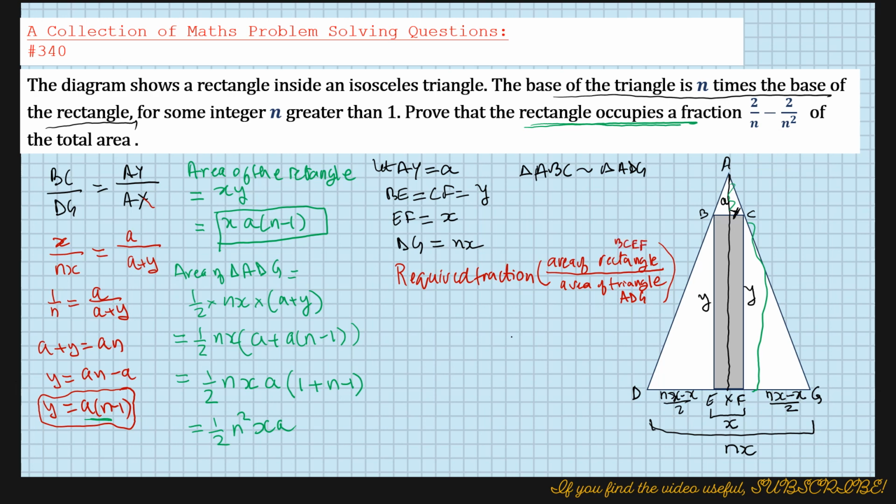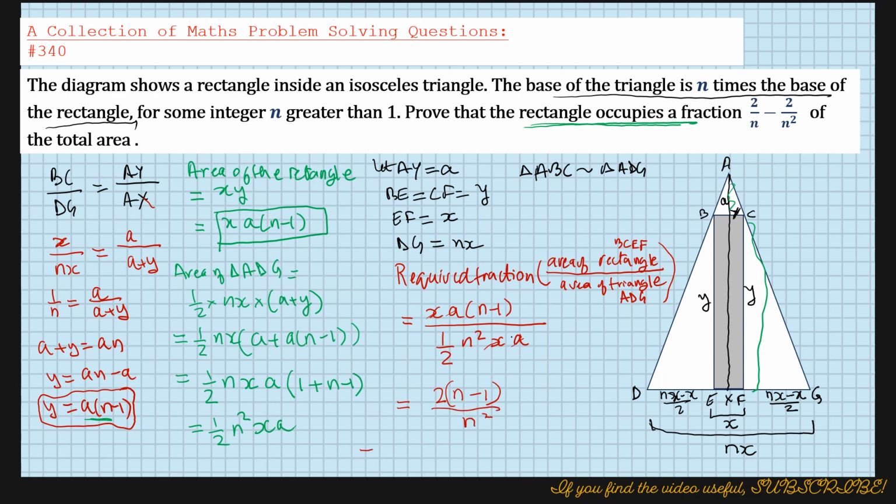Okay, just to make it very clear, the required fraction would be xa times n minus 1 divided by half n square xa. So the x and a cancel out, and we are left with 2(n minus 1) out of n square.